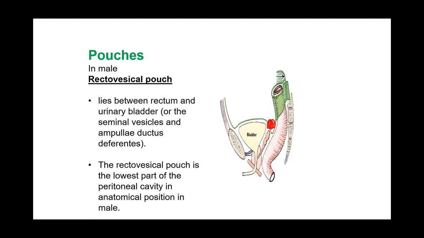It lies between the rectum and the urinary bladder, or the seminal vesicles and the ampullae of the ductus deferens. The rectovesical pouch is the lowest part of the peritoneal cavity in anatomical position in males.